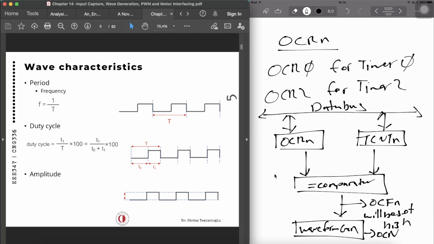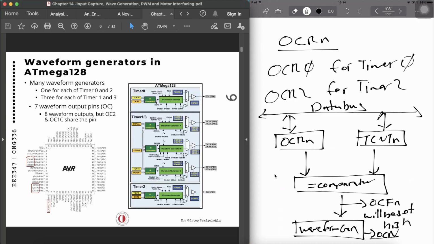Now, in each AVR timer, timer 0, 2, 1, 3, there's a waveform generator, and the waveform generator can generate waves on the OCn pin, as I already mentioned. So when we look at the ATmega128, you can see that there are many waveform generators here.